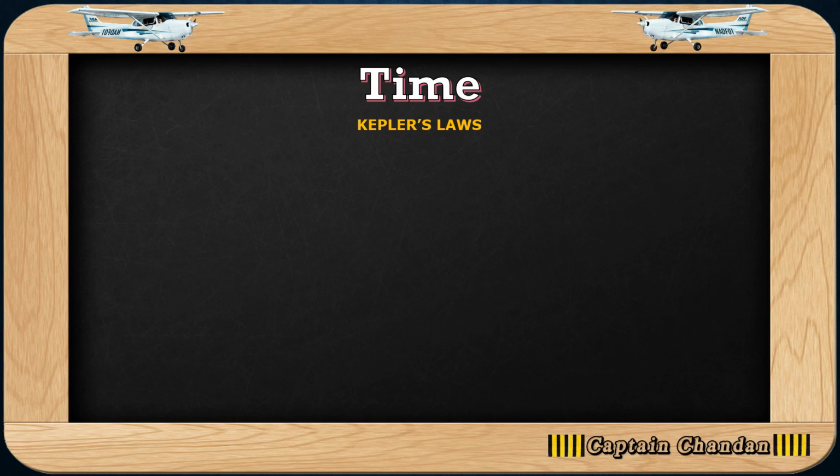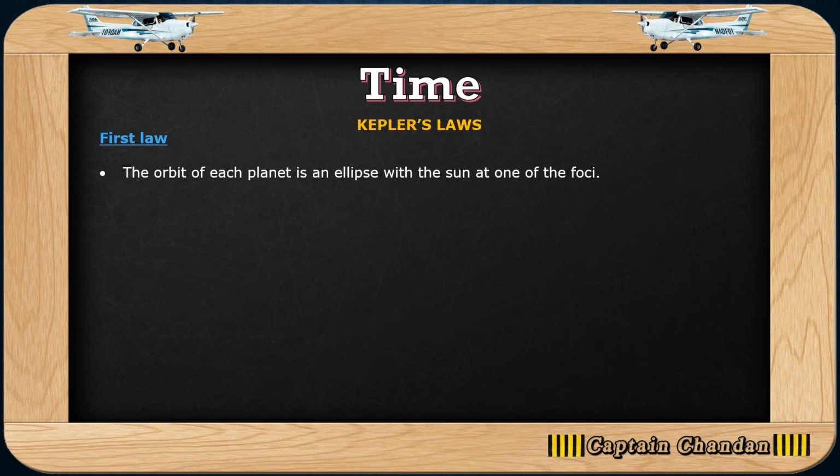So we'll discuss Kepler's first law. The orbit of each planet is an ellipse with the sun at one of its foci. For example, if we are talking about a circle, a circle has one center. But if we are talking about an ellipse, there are two foci points.